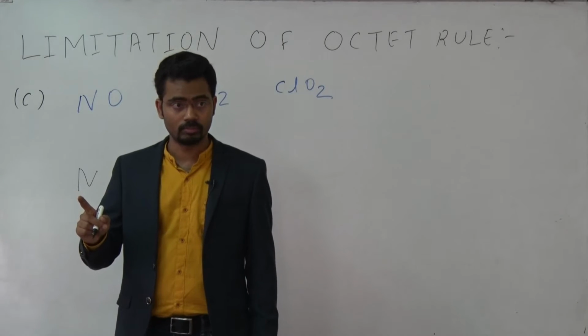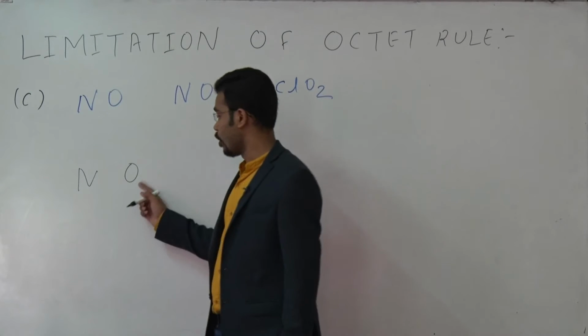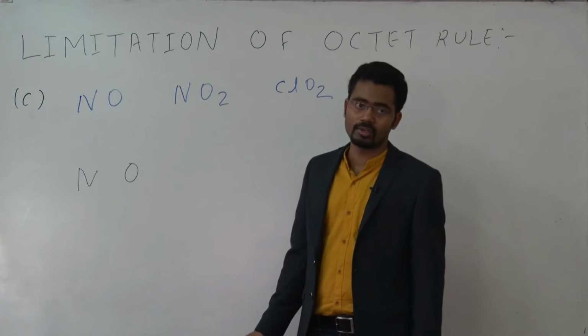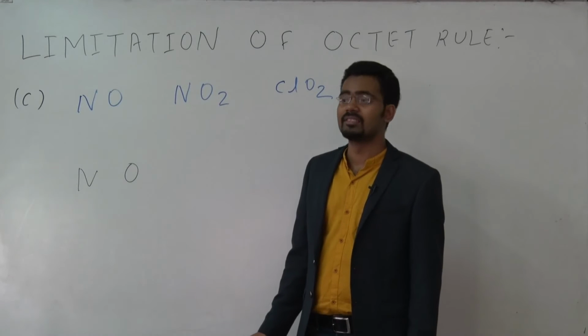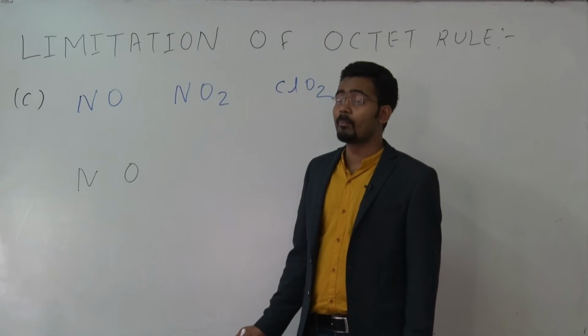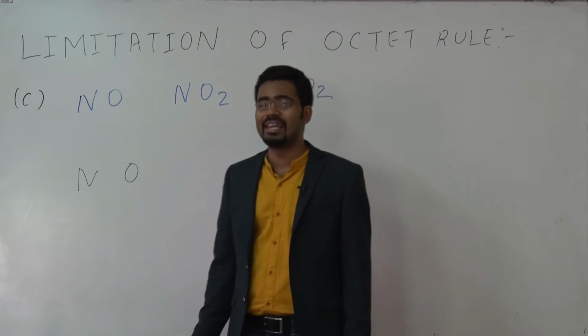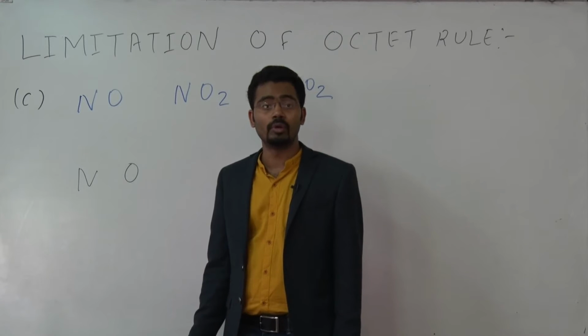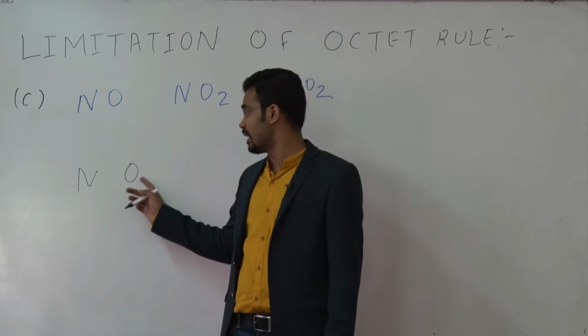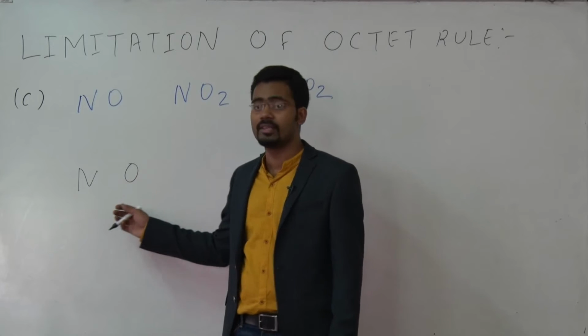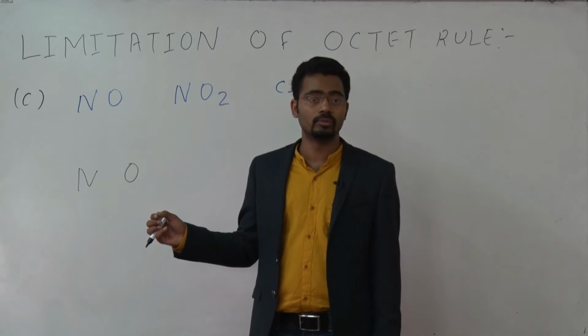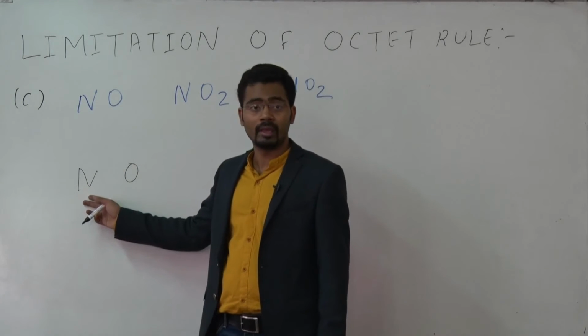Yes or no? Tell me oxygen, how many valence electrons? 6. To complete the octet, how many electrons are required? 2. It means the maximum that can be shared by oxygen is 2, and by nitrogen 3.